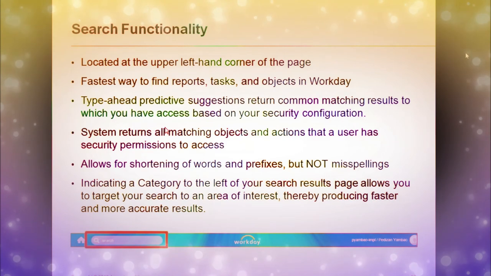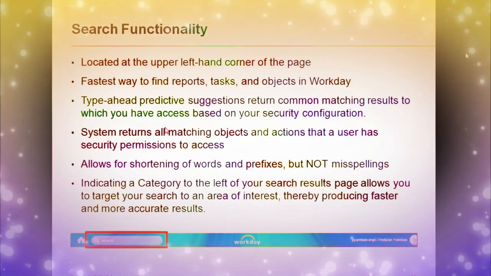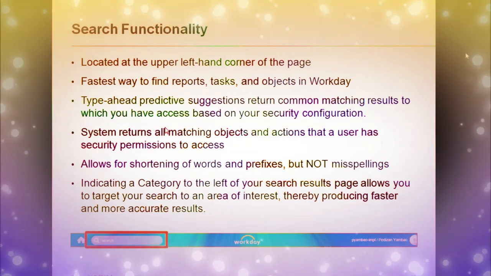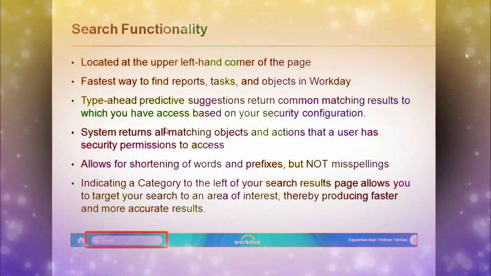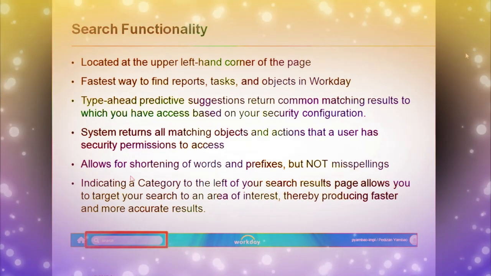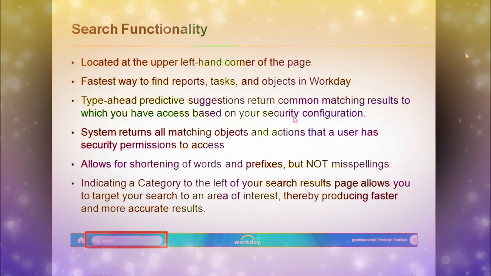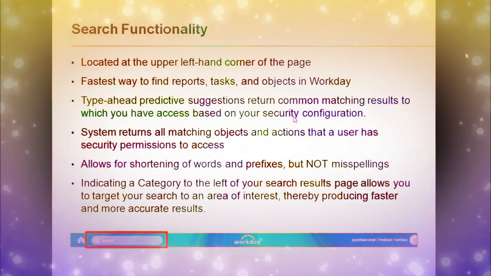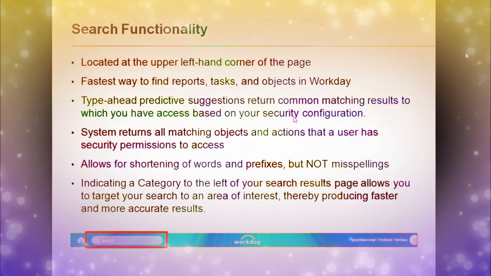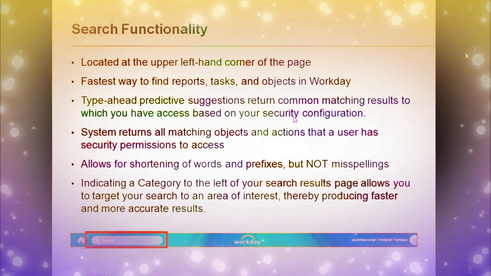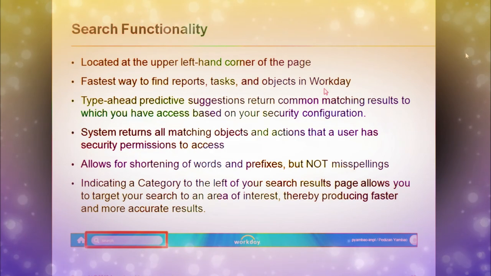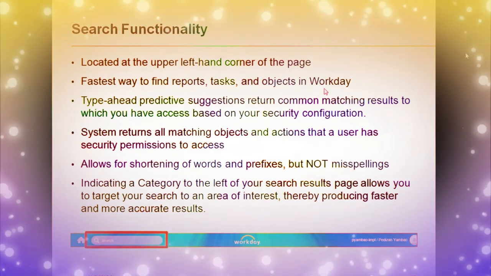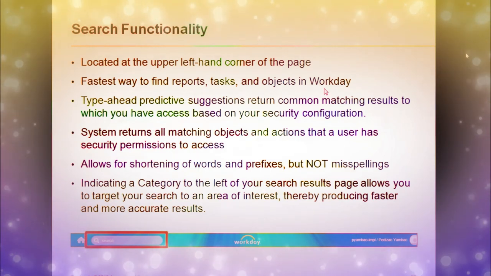Type-ahead predictive suggestions return common matching results to which you have access based on your security configuration. So whatever is under my own security access, whatever I'm typing, whatever pattern matches with it, they use a particular term called pattern matching, all that will be displayed before I can even type it fully.